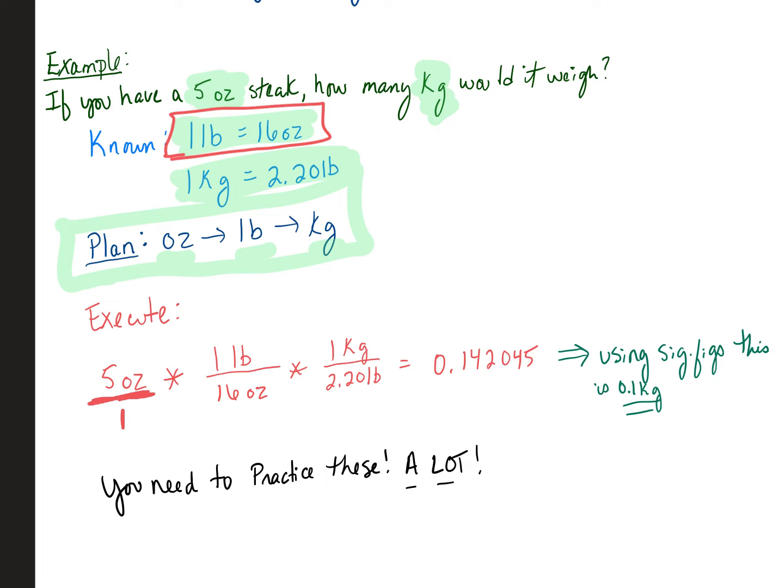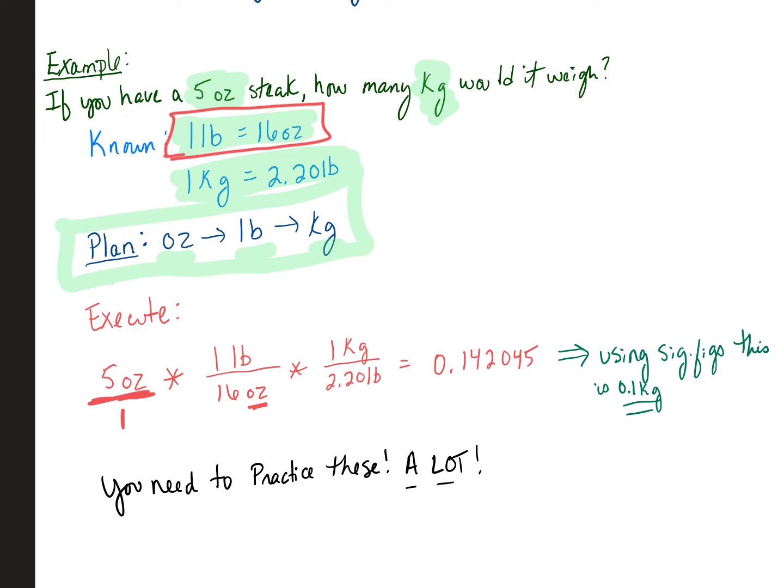That's fine. In order to cancel out ounces, though, I need ounces on the bottom over here, because what that allows me to do is this, and this will cancel. So if those two things cancel, that means that I want to take this side and put it on the bottom, and I want to take this side and put it on the top. So that's how I can determine where to put my information that I'm given as equal.